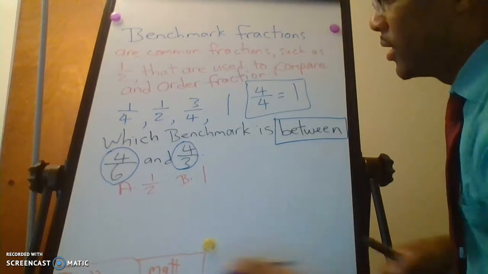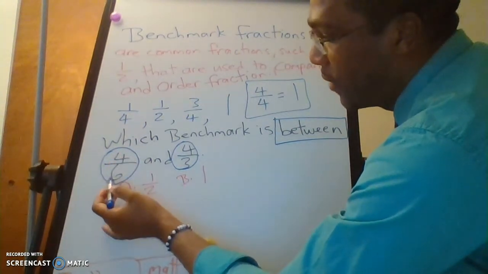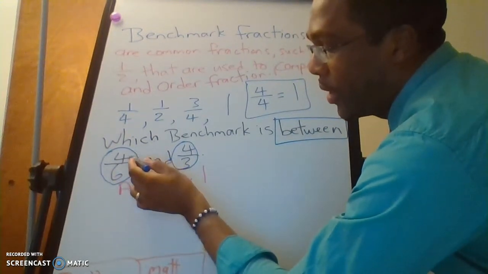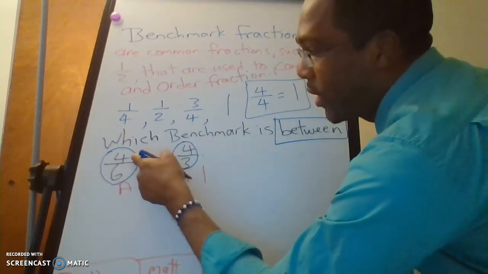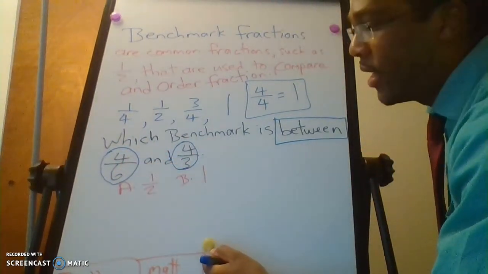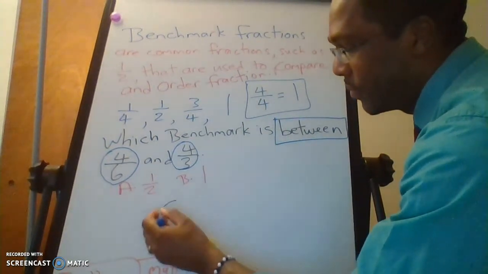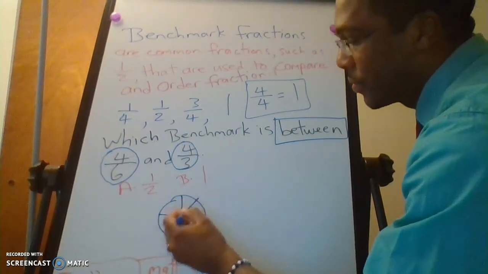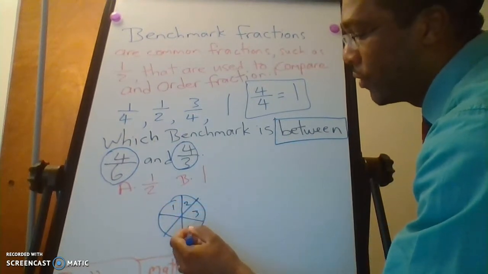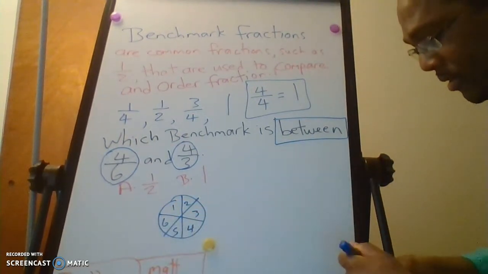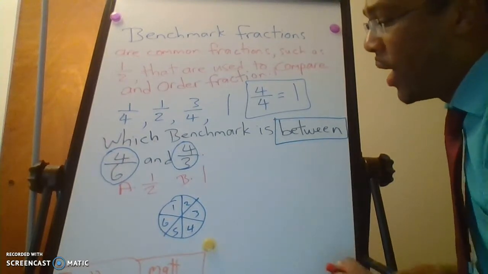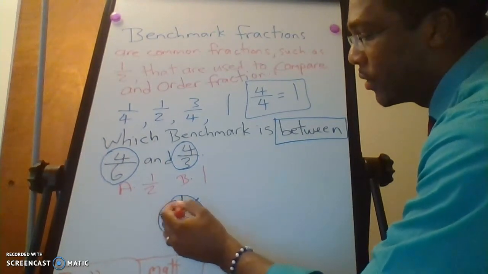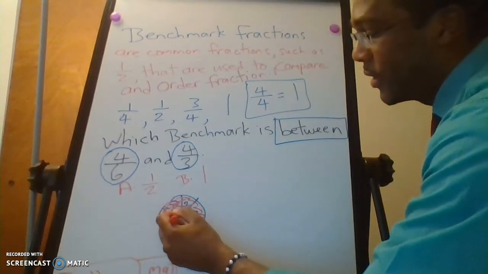And so I would look at this and say 4 over 6. Half of 6 is 3. And up here, 4 is more than 3. So I know this fraction is more than a half. Look at this again. I have this model with 1, 2, 3, 4, 5, 6. I know half of 6 is 3. 1, 2, 3 is half of 6.